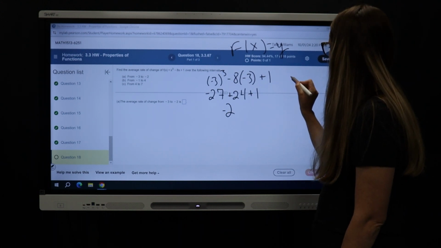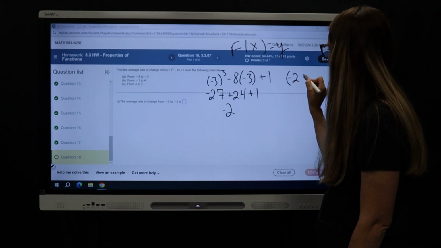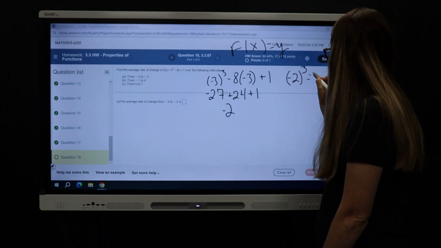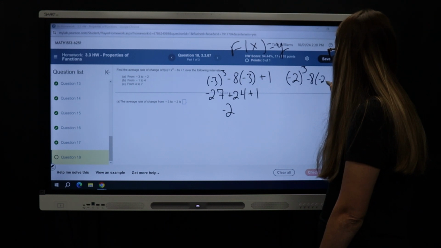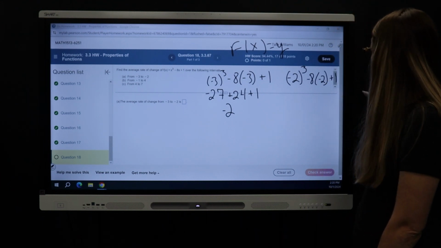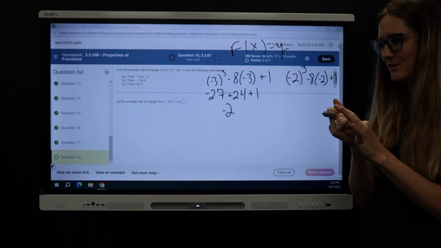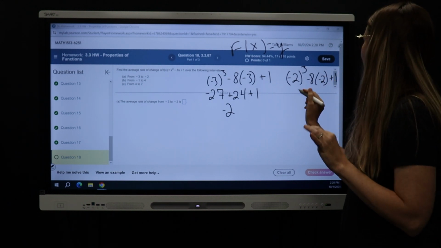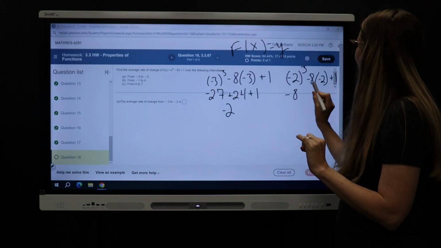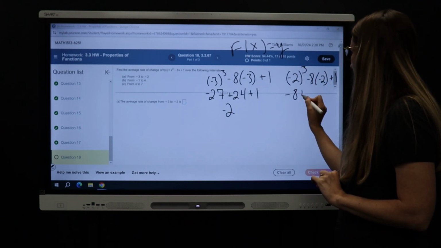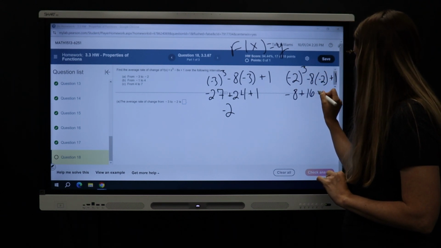And then we're going to do negative 2 cubed subtract 8 times negative 2 plus 1. Negative 2 times negative 2 is positive 4, times negative 2 is negative 8. Negative 8 times negative 2 is positive 16, plus 1.